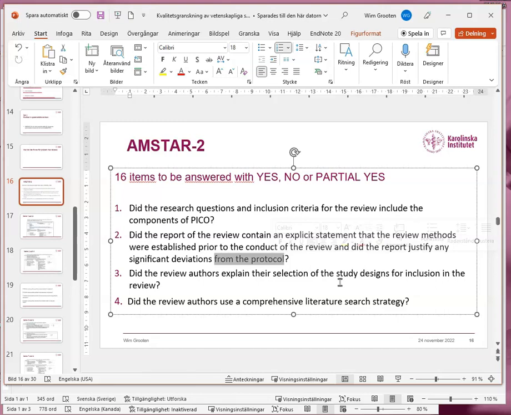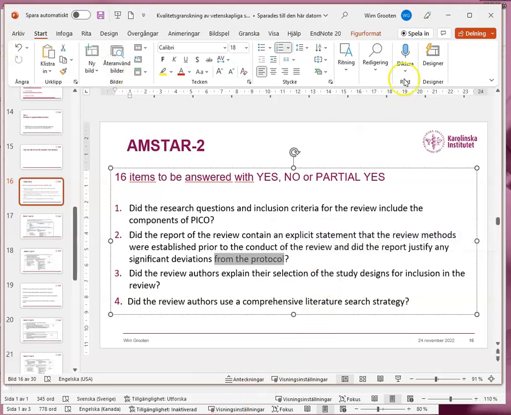If you don't do that, it might be cherry picking, we call it. Cherry picking is that you choose your outcomes because they get some nice results, and you leave out the outcomes without any nice results. So you need to have a protocol.